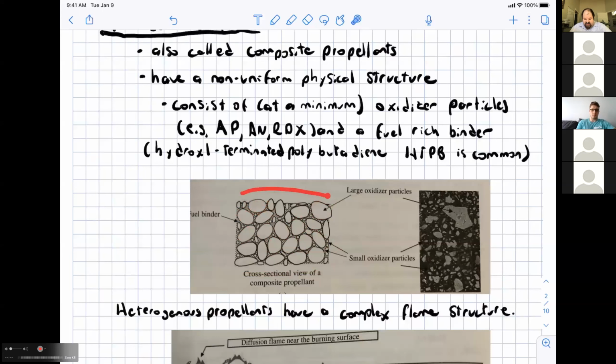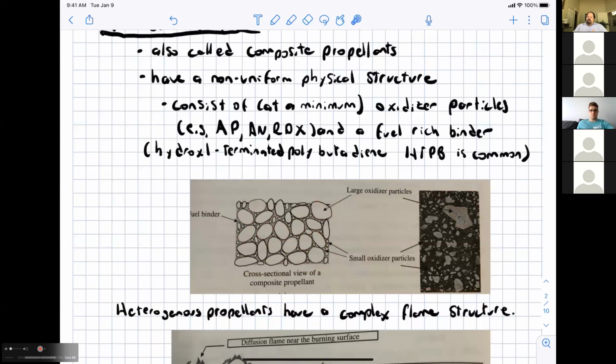And so here is just a schematic diagram of a composite propellant, and here's an actual cutaway view of an actual composite propellant. And so all these things here are oxidizer crystals. If I were to take a guess, it'd be ammonium perchlorate, and then this here, the black stuff, is some sort of binder.